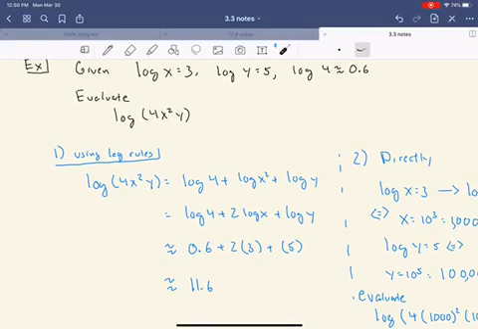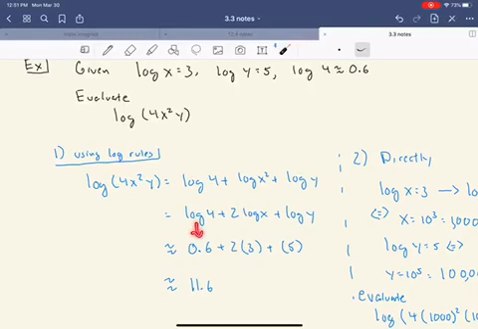Now, we're going to use that other rule, the power rule here. This 2, we could put right in front here. That's what we did in that step. So, log of 4, plus 2 log of x, plus log of y.